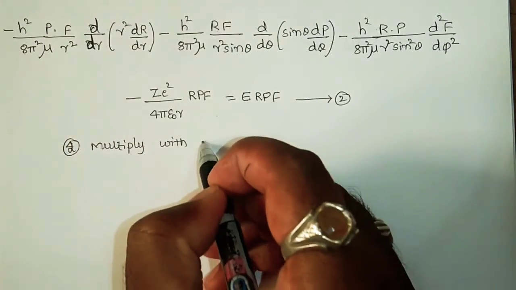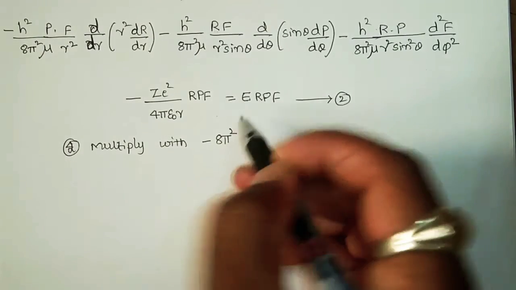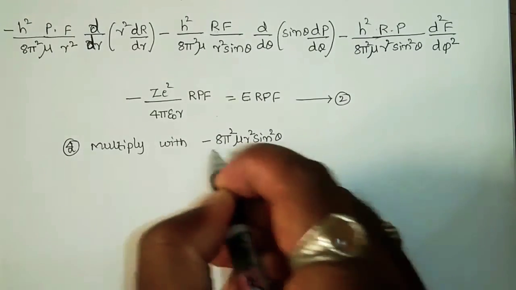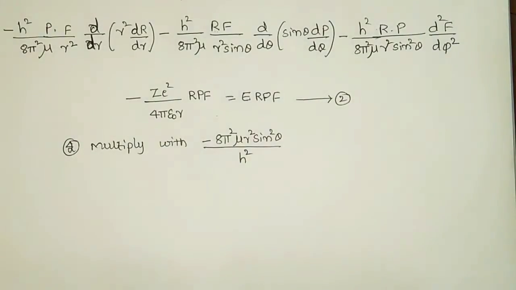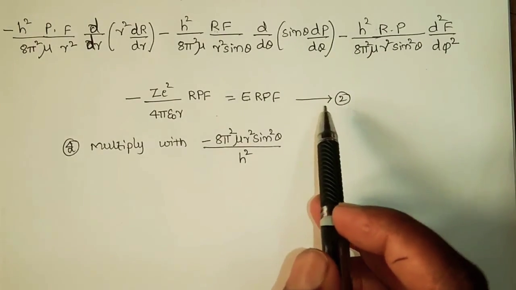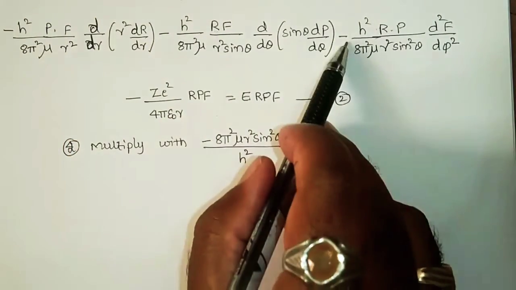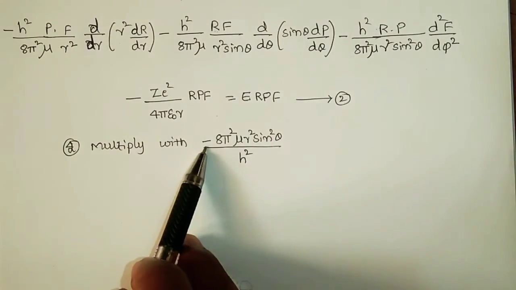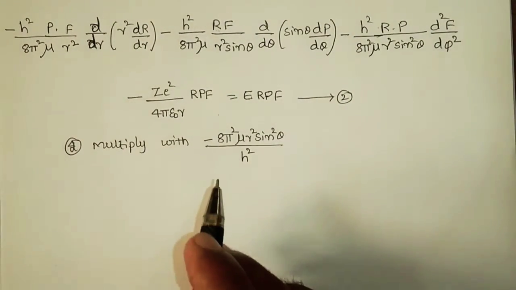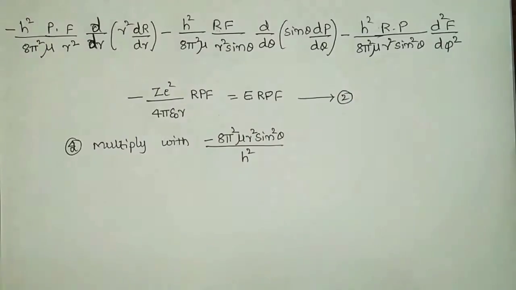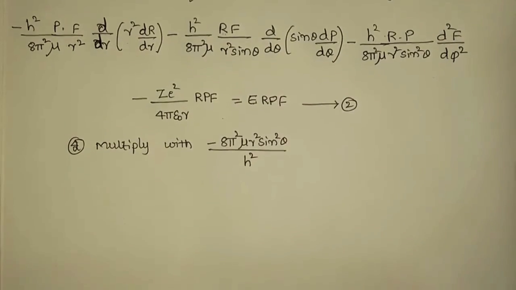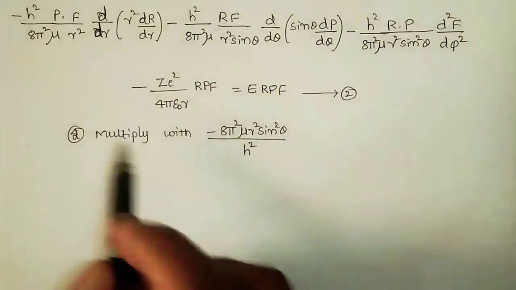Equation 2 is multiplied with minus 8 pi square mu r square sine square theta whole divided by h square. So with this term we are supposed to multiply the whole equation number 2. So here in each term we are having a negative sign. So here also we are taking a negative sign, the whole thing will become positive. And now we shall introduce the same. So give a careful observation of the substitution of the terms in the above equation number 2 so as to separate the variables.